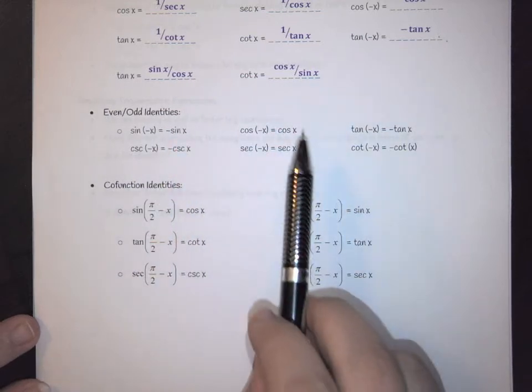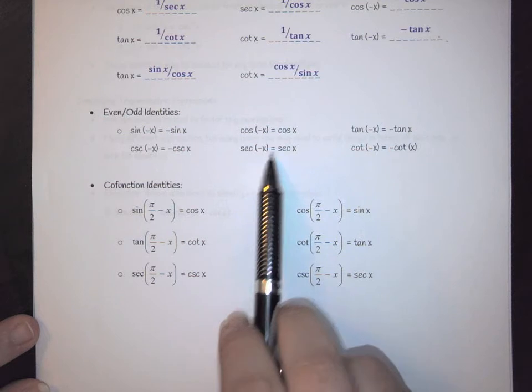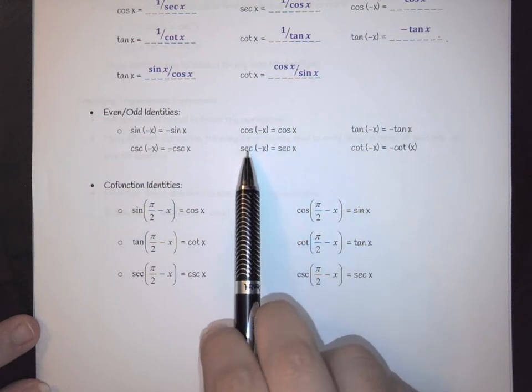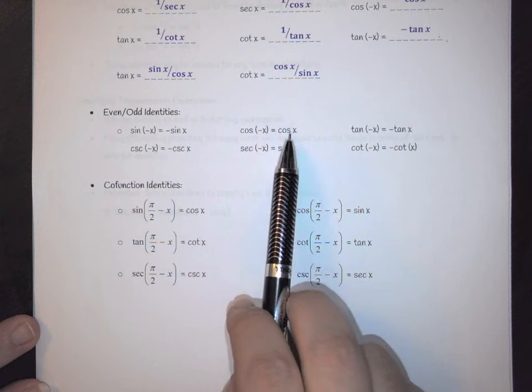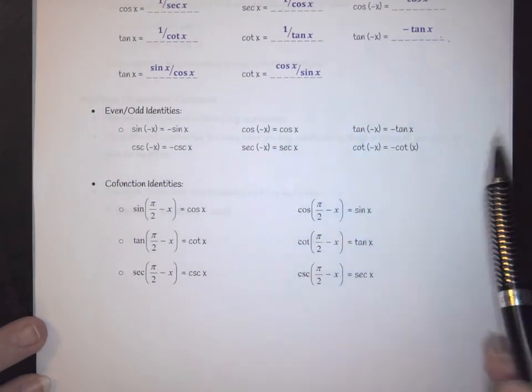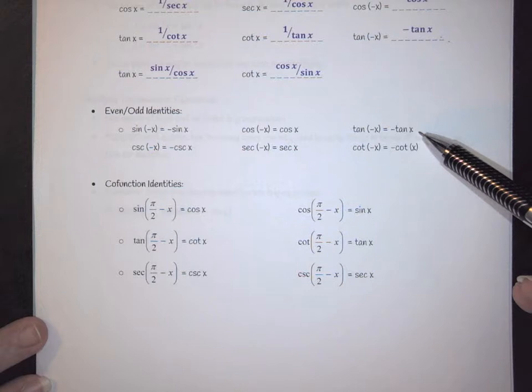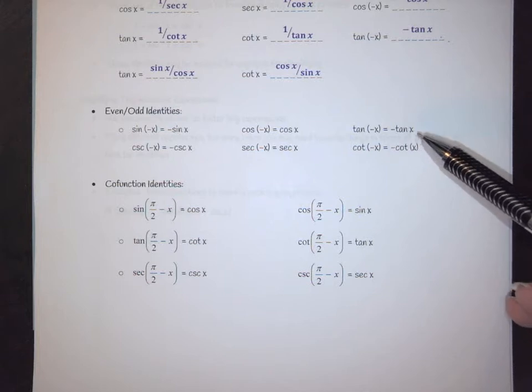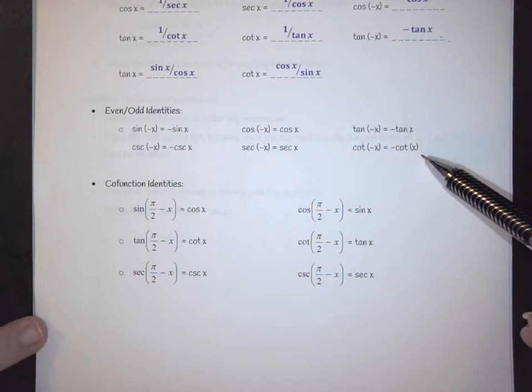Okay? Your cosine and secant then should both come out to be positive, because the secant is the opposite of cosine. So if you notice, when we evaluate, we get the positive. And then we're back again to your tangent. So cotangent and tangent should again come out to be the opposites of each other, and they come out to be the negative.